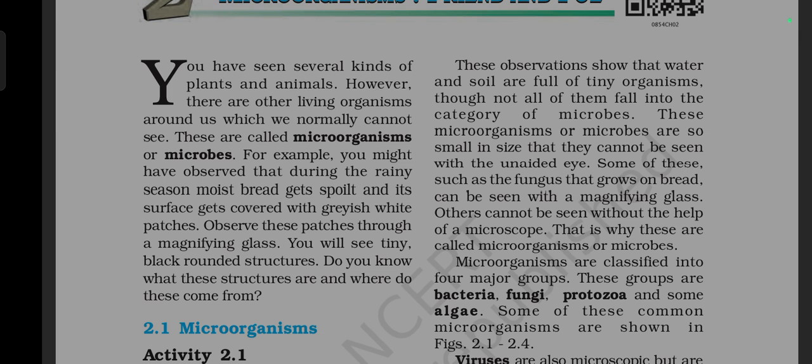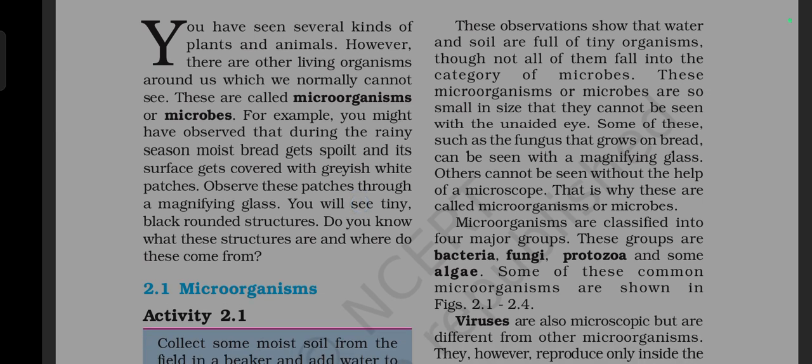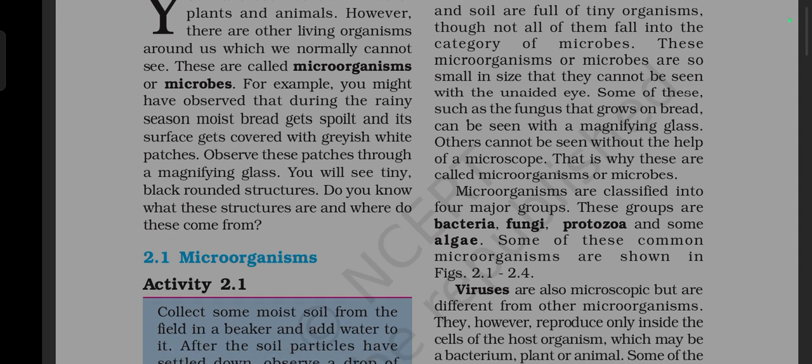For example, you might have observed that during the raining season, moist bread gets spoiled and its surface gets covered with grayish-white patches. Observe these patches through a magnifying glass.